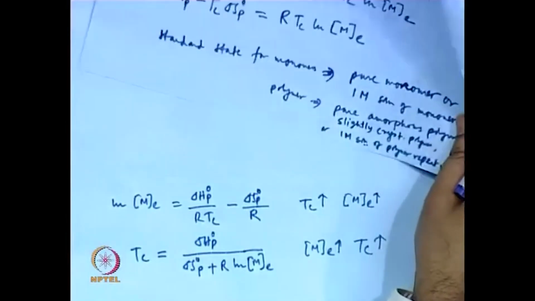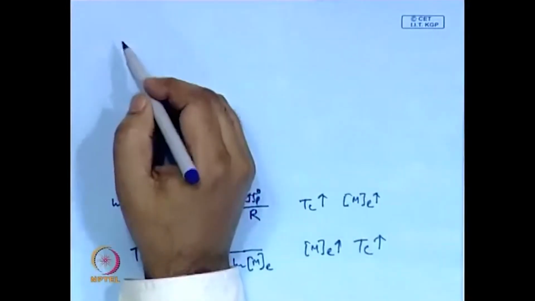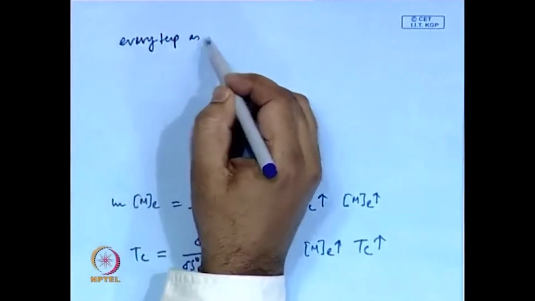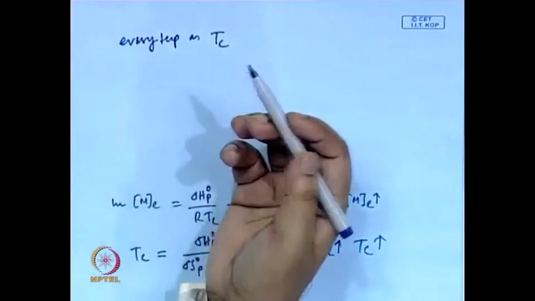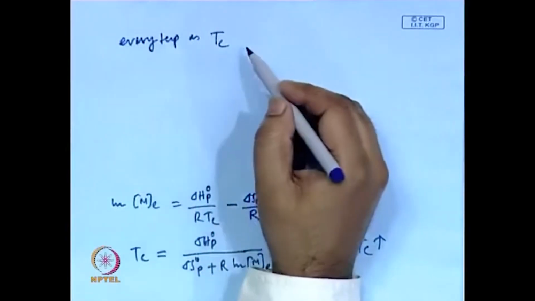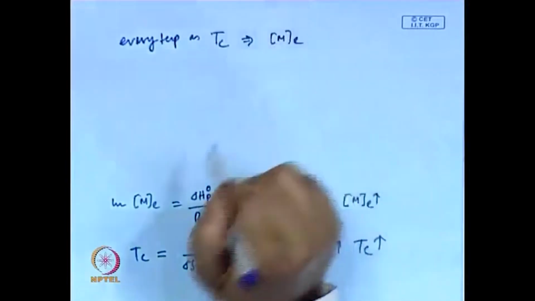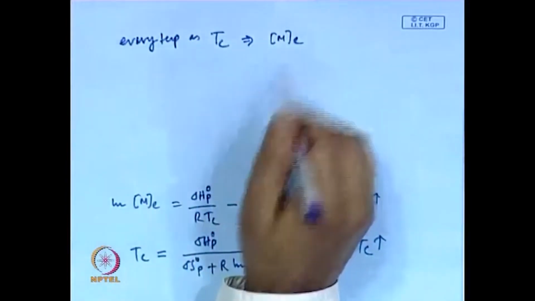Now, how to read these equations a little better: you can consider whatever temperature your reaction is at as a ceiling temperature. Now, there is always an associated equilibrium value of the monomer.